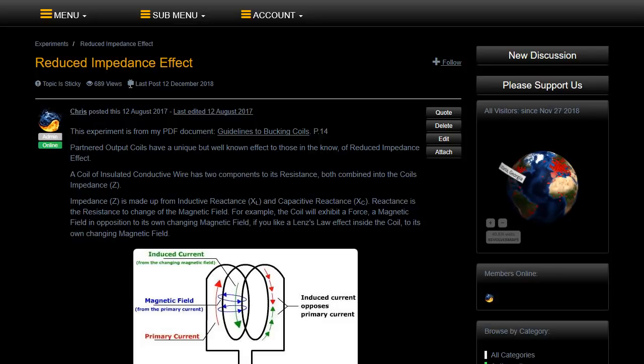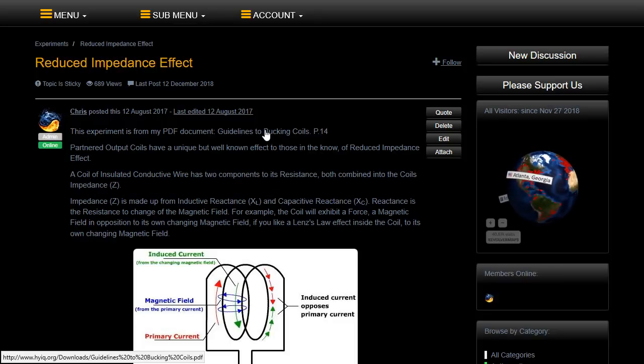The reduced impedance effect is an effect where if you're able to stop or nullify the change in magnetic field, creating a back EMF, you can actually cause the changing magnetic field within a coil to change very, very much faster than what it would normally change if it didn't have a back EMF.